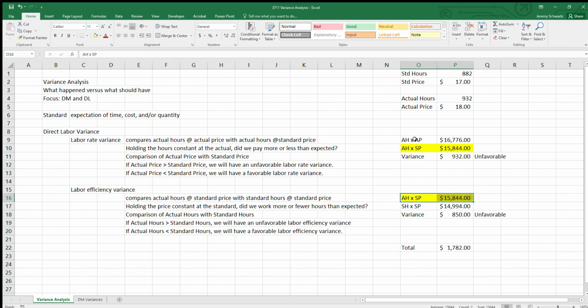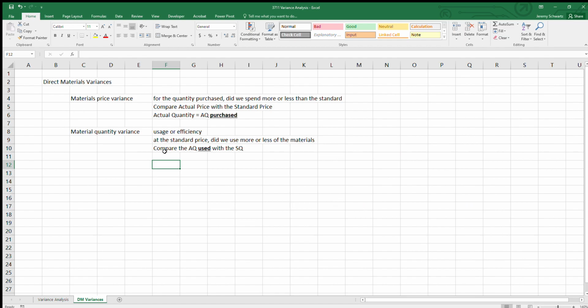And so we could go from the actual hours, actual price, and compare with the standard hours at standard price, and that's how we have that total. This is going to be somewhat different with the direct material variances, so you're not going to be able to explain this entire total as far as the total variance is concerned. And we'll get into that in a moment.